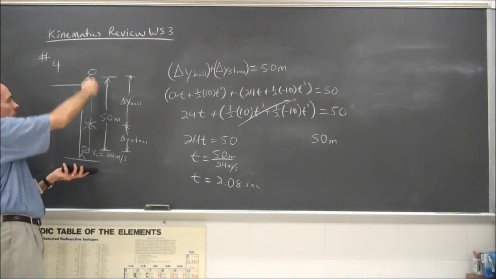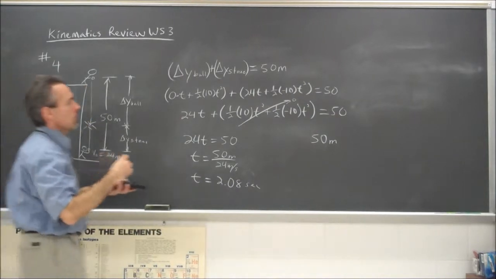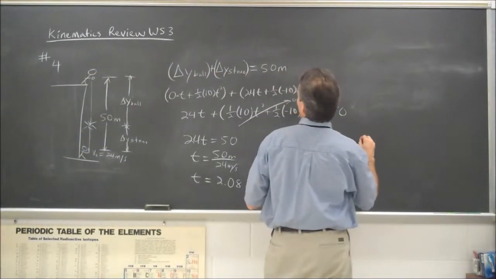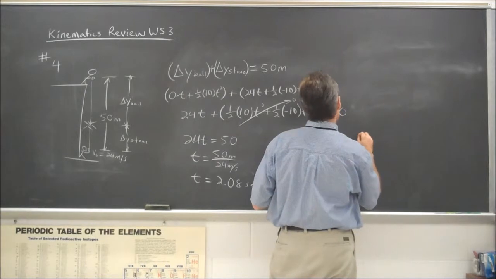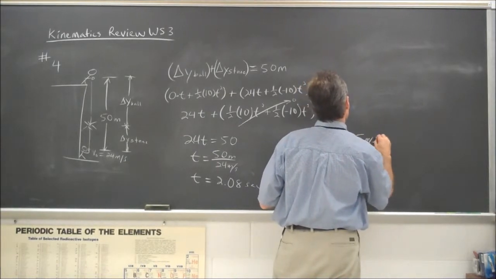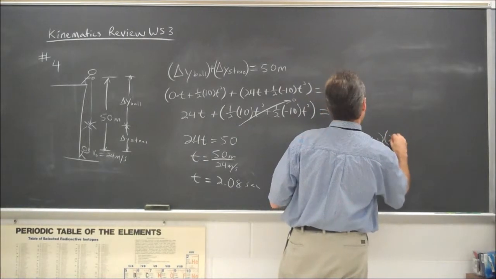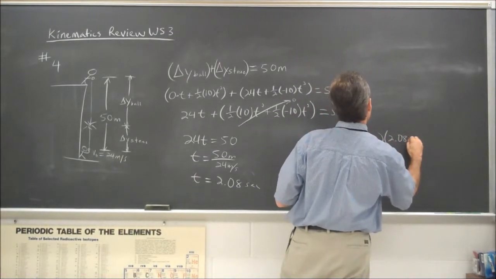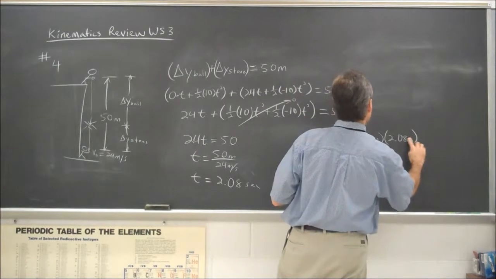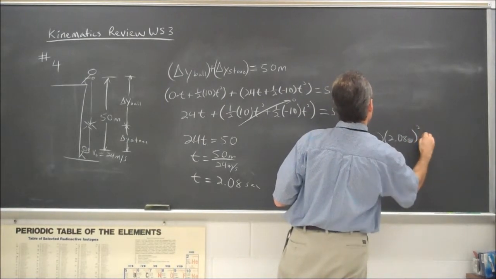And so I'm going to find this amount right here and subtract it from 50. So minus 1/2 of 10, which is 5 meters per second squared, times t squared, where t is 2.08 seconds squared.